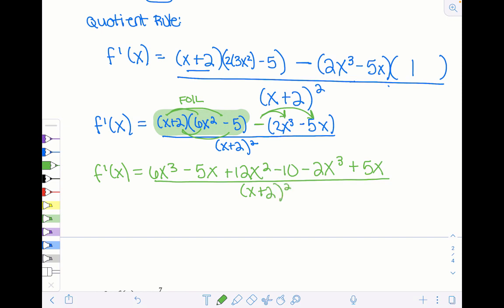So there's a lot of terms in the numerator, so looking for like terms. Let's see here, we've got a 6x cubed and a negative 2x cubed that we can combine together. And it looks like we only have that one x squared term, but we do have a negative 5x and a positive 5x that will cancel out.